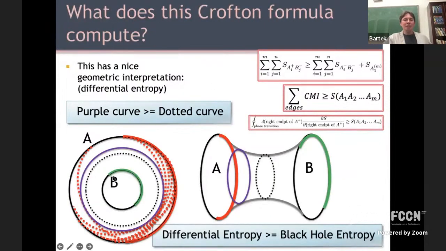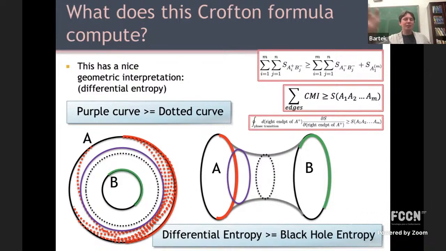You might still ask me, what is this a differential entropy of? And here is a picture. This differential entropy is the differential entropy for a curve which is tangent to all the geodesics which are just at the phase transition. And so if I drew the set of all combinations of A regions and B regions which are just on the phase transition, that's where our two-dimensional integral localizes.